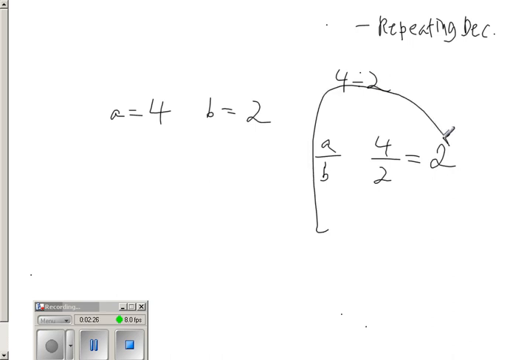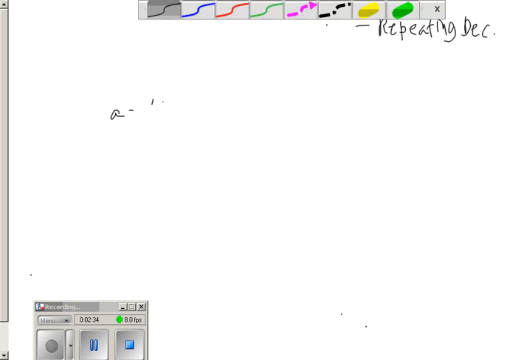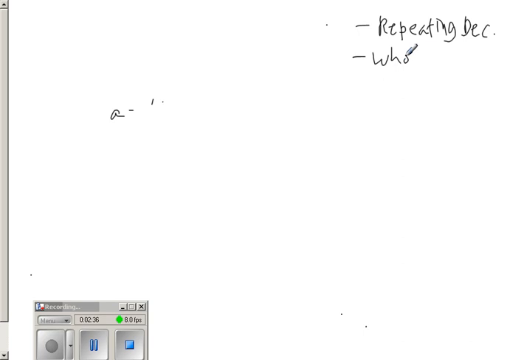So whole numbers are another type of number that we can get if we take an A divided by B. They are rational numbers. We can rationalize whole numbers. Whole numbers are another type of rational number.